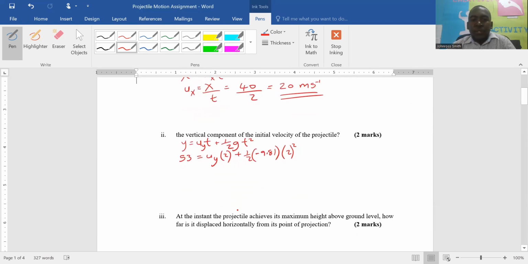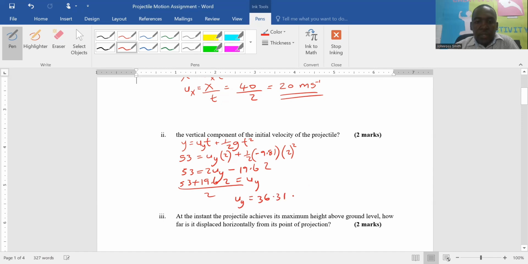If we work this out, we get 53 is equal to 2UY minus 19.62. We take the 19.62 over, so it becomes 53 plus 19.62 equals 2UY, and we divide by 2 and we get UY. So UY would be 36.31, which to the smallest sig fig, which is 1, gives 40 meters per second.